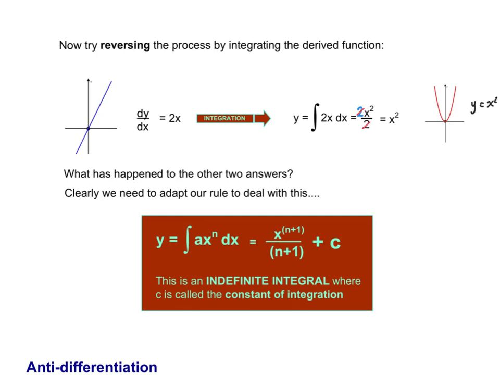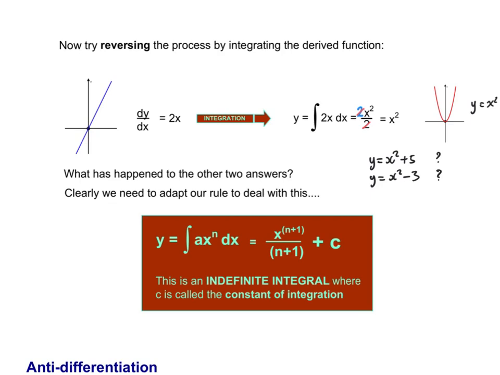But what happened to the function y equals x squared plus 5 and y equals x squared minus 3? We need to adapt our rule for integrating, so that it can bring us back to the correct function.